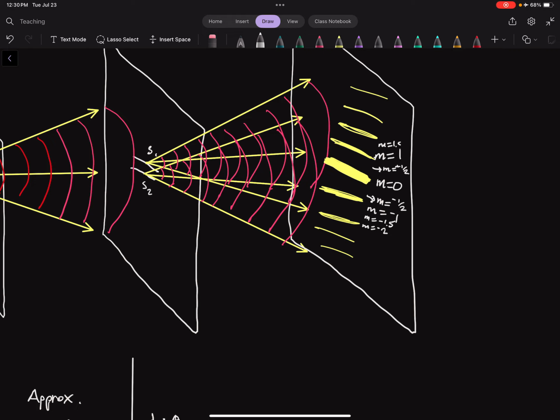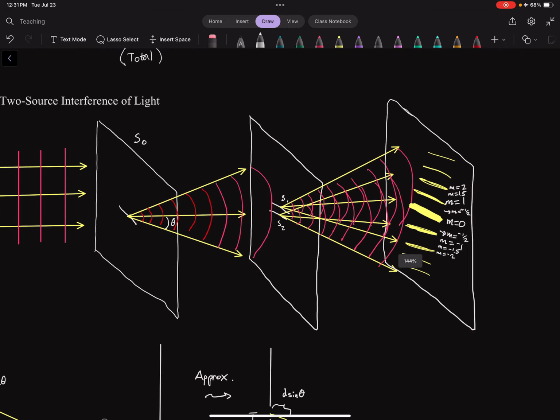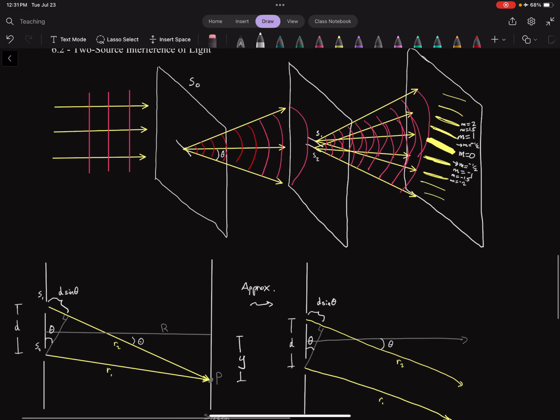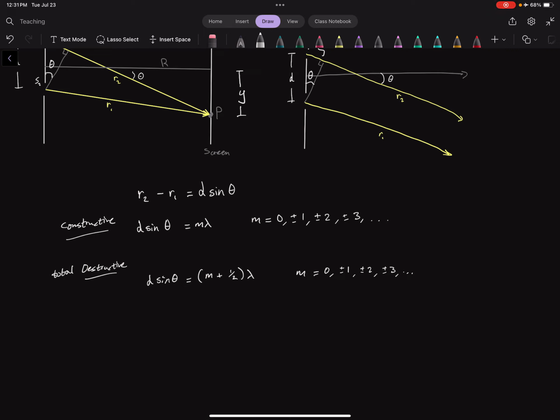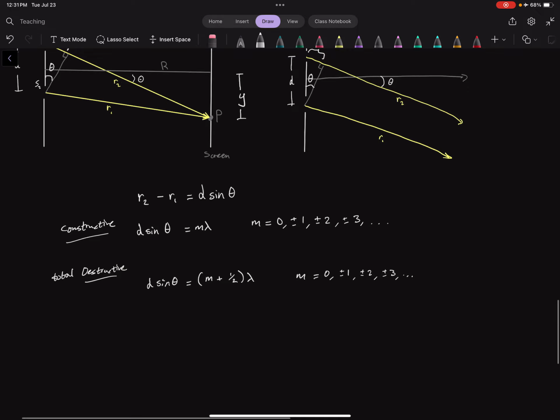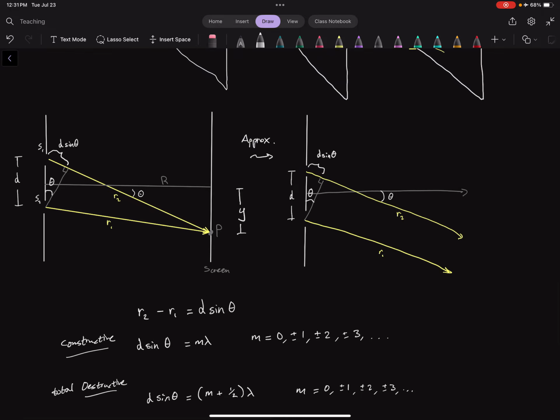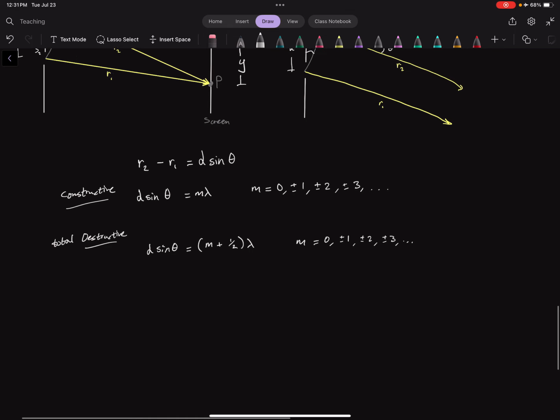So you can see these interference fringes that appear on the screen are just defined by the periodic constructive and destructive interference from the path length differences from the two sources. That's all it really comes down to.